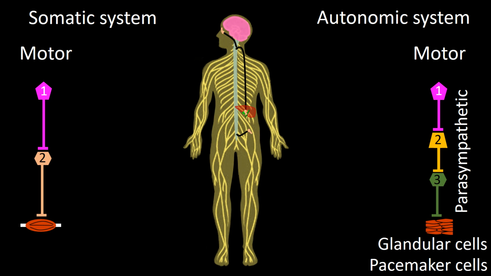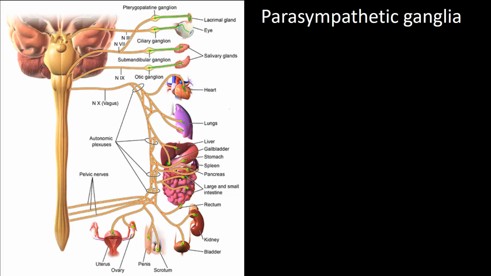Before moving off the parasympathetic system, I would like to show you this illustration that provides an overall view of the parasympathetic system. Notice the color of the axons. The red lines represent the axons of the second neuron with their long or relatively long trajectory.